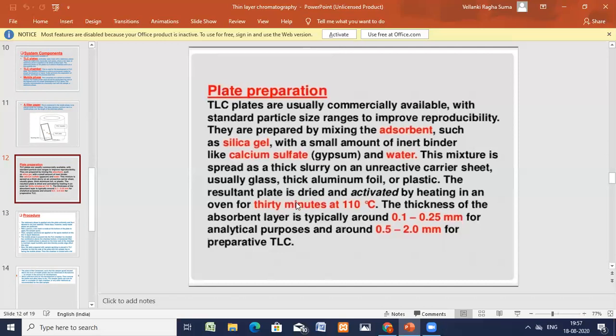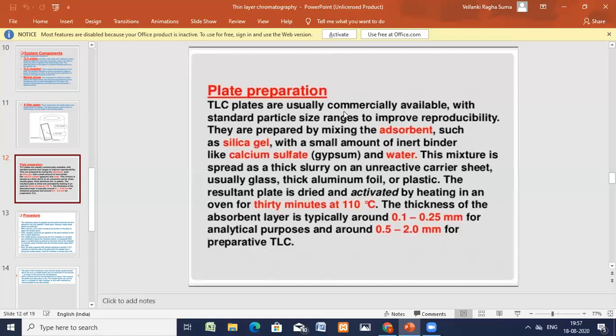Plate preparation can be done before going to the procedure of the chromatography. We buy commercially available plates and do the chromatography separation process. Generally the plate can be prepared by different methods, almost 6 methods of plate preparation.